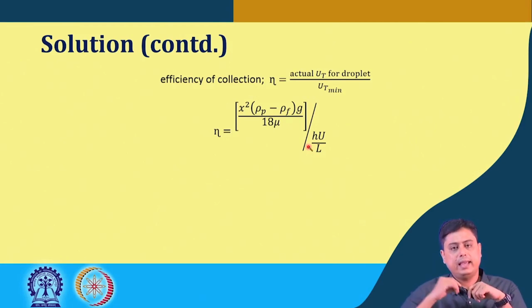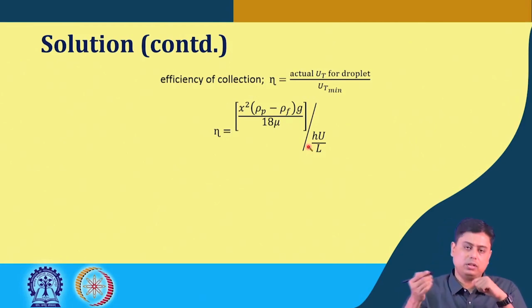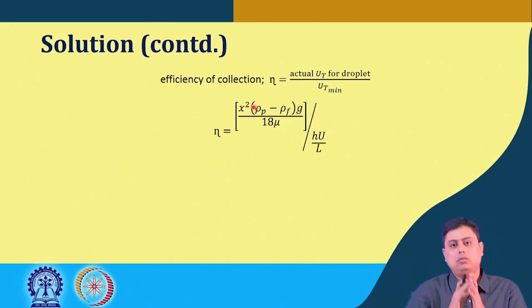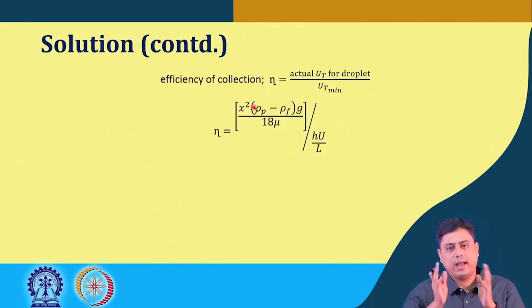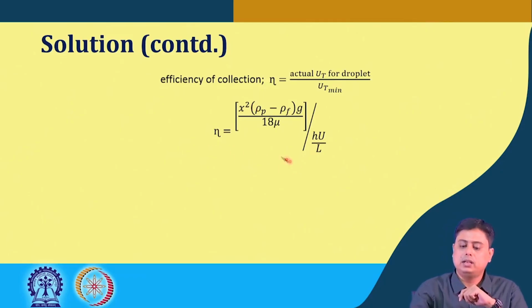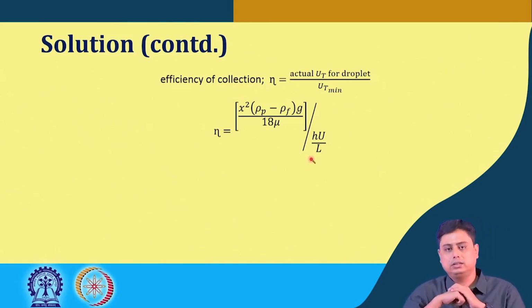So, H and L correspond to the separator geometry of the design, U is the fluid velocity, rho f and mu are the liquid property, and rho p and x are the solid property, here particularly the droplet property, because we have assumed these droplets act as a kind of rigid sphere. So, the collection efficiency is now explained in terms of all the required properties that we have asked in the question paper.